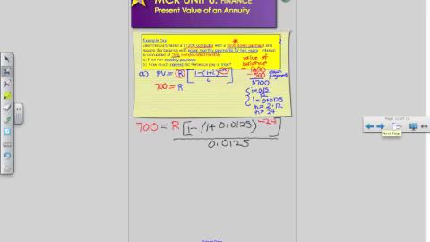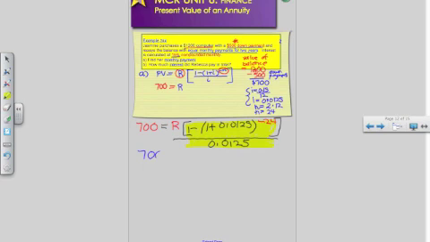Because I don't know the value of R, I'm just going to figure out everything in my brackets and the value of my denominator as well.